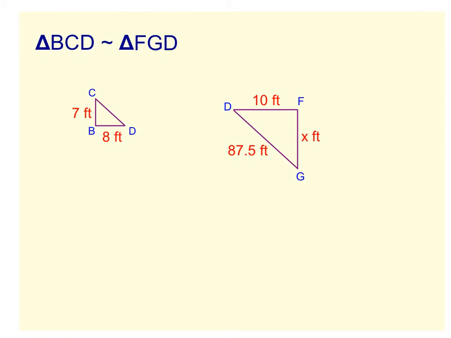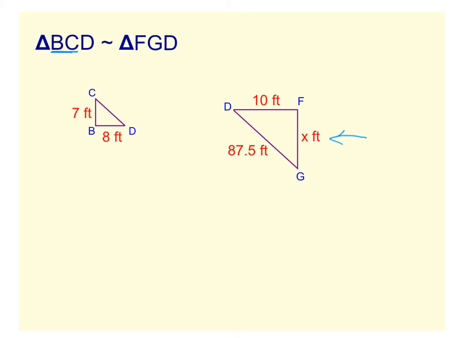So we're trying to figure out what x is. X is over here in this triangle. But first thing we want to do is figure out which sides go together, which sides match up. And it's this similarity statement that tells us how to do that. So we just go piece by piece and get our triangle labeled, and then we'll set up our statement. The way that this is written, it says triangle BC.